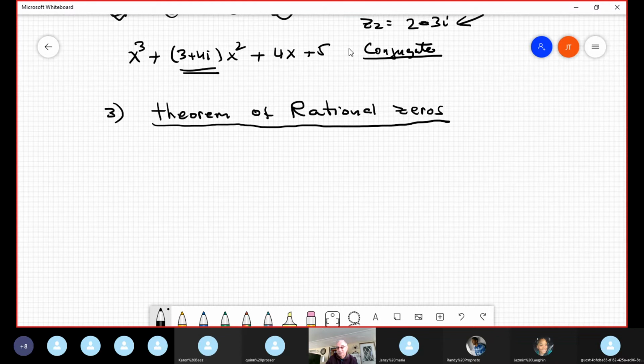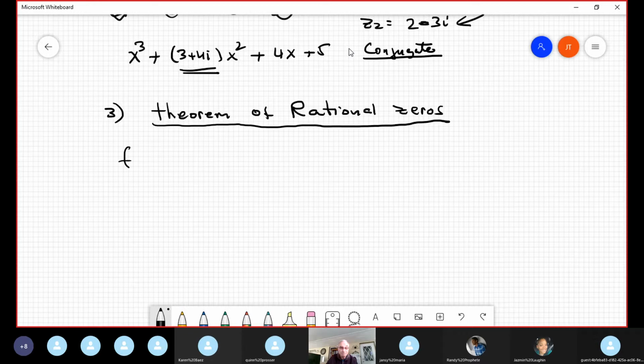Irrational is not a fraction. It's a number that we cannot express as a fraction. The number that we can express using fraction or decimal is called rational. So there is one theorem that can help me understand the potential rational zeros. Suppose this example.